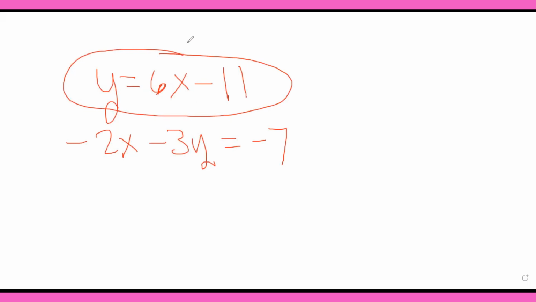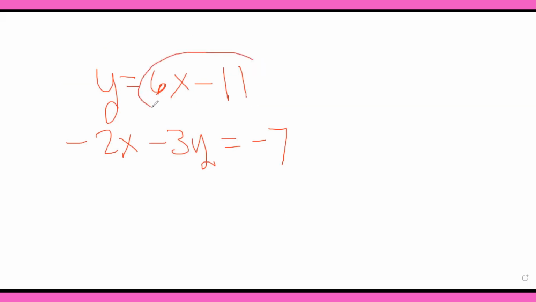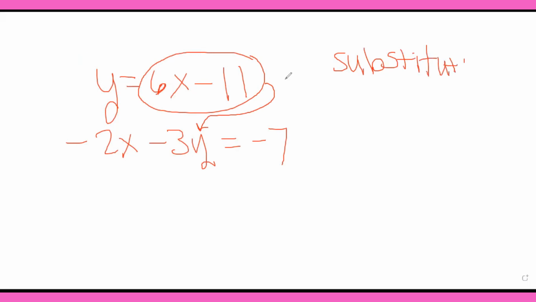So now I'm just going to substitute this chunk for y wherever I see y in the second equation. So substitution, literally I'm substituting one variable, what it equals, into the other. I'm going to plug in this whole chunk for y into the second equation.